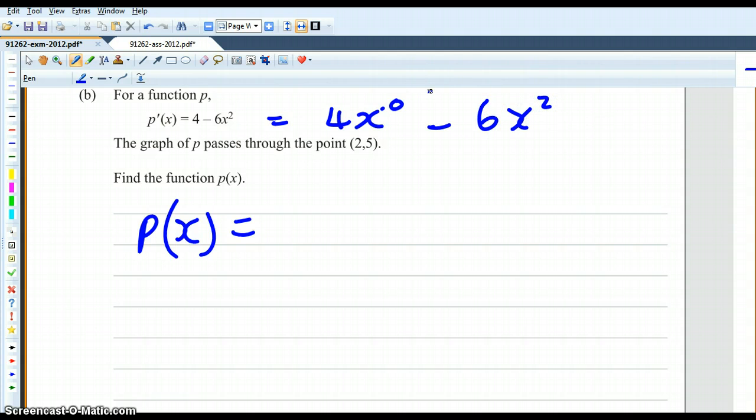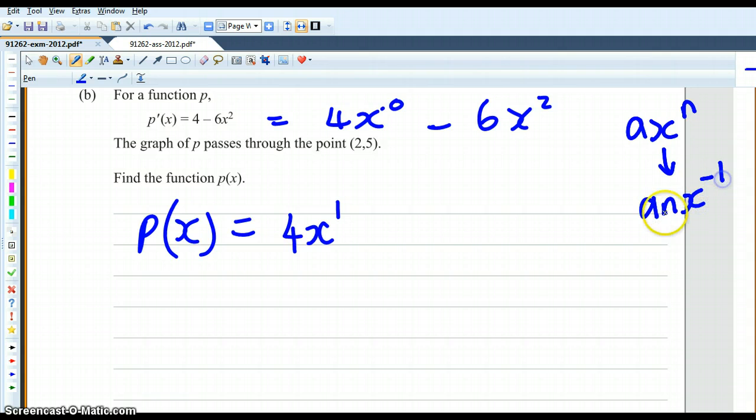So I've got to raise the power and times it at the front by the new power. Raise the power to 3. Oh, sorry, divide by the new power. If I have ax to the n going to anx to the n minus 1, I'm multiplying these two together and taking the power down.